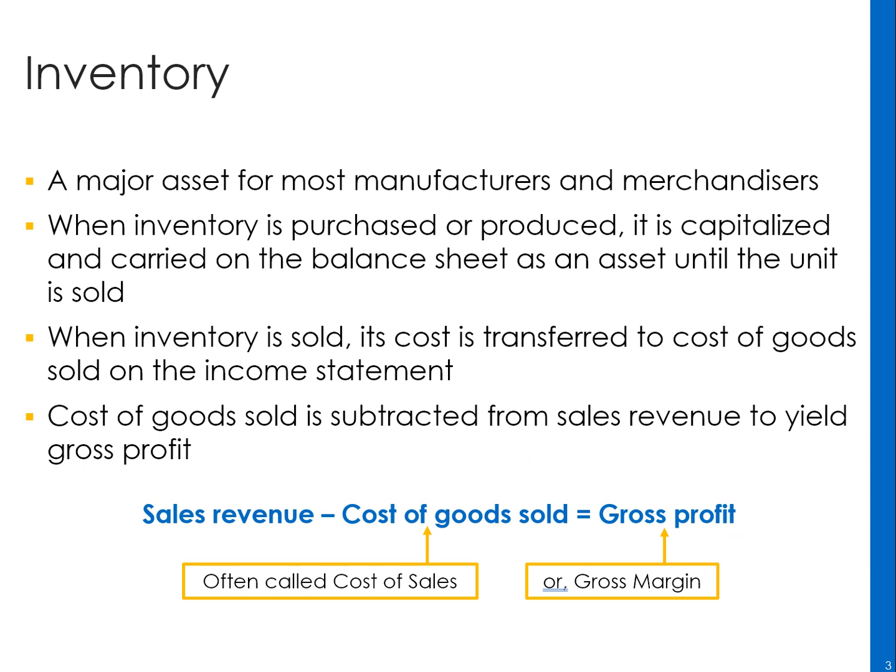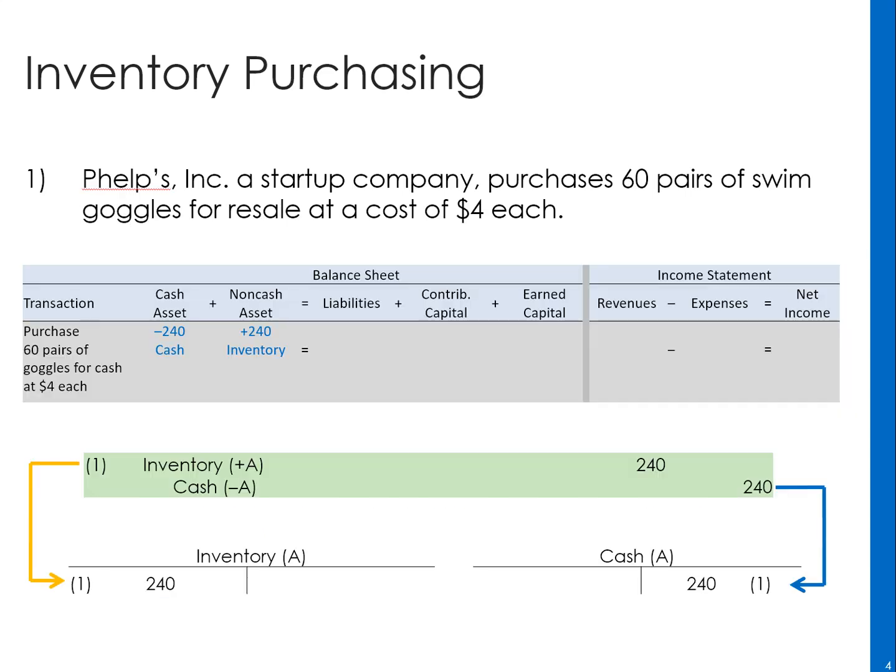So let's talk about recording for inventories. When inventory is purchased, we increase inventories and we reduce cash. If we purchase on account, we incur a liability, so we credit accounts payable instead of cash.